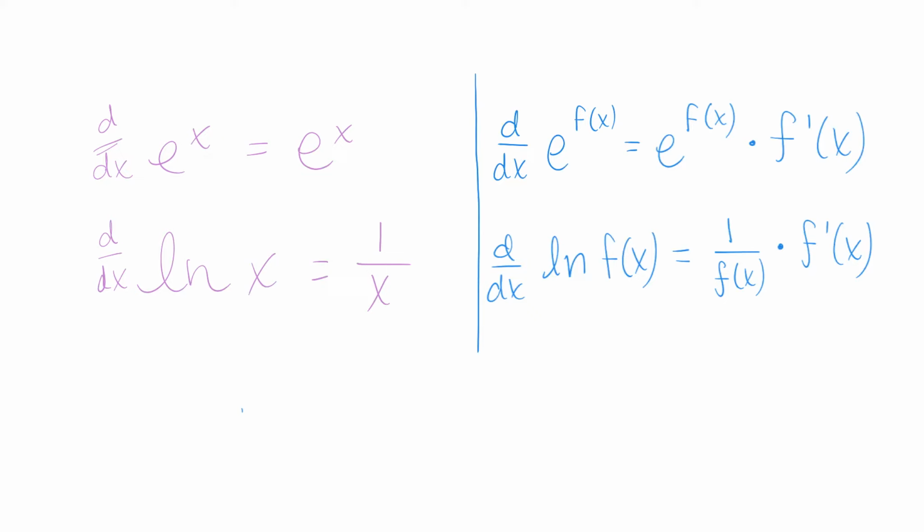And just like a little secret side note, if you take 1 over f of x and multiply it by the derivative of f of x, you'll see quickly that that's the same as f prime of x divided by f of x. Just as a side note, but we'll talk about that more later.